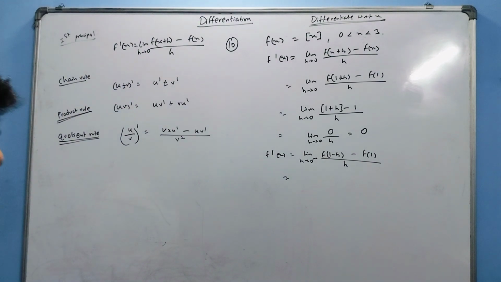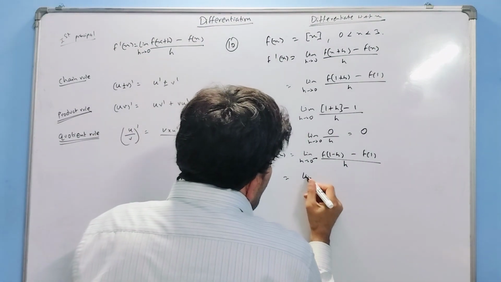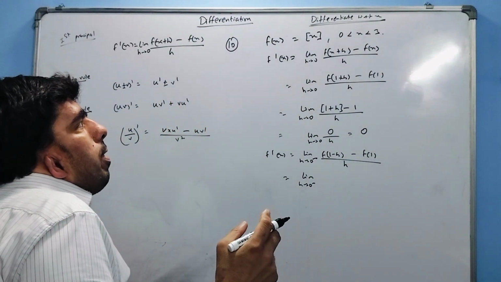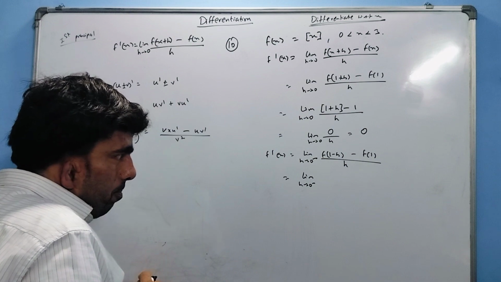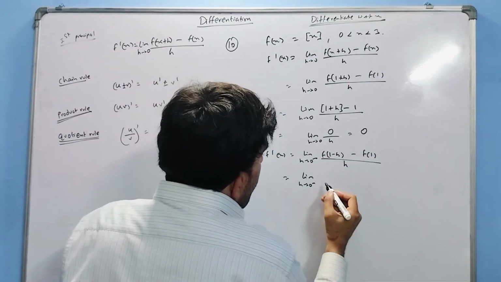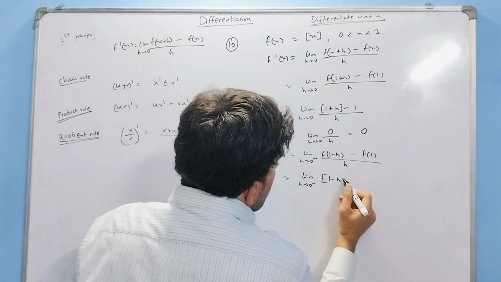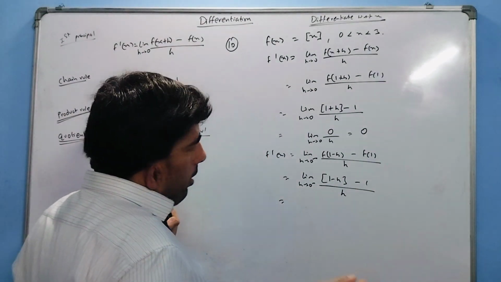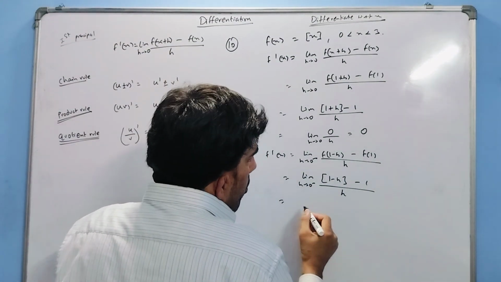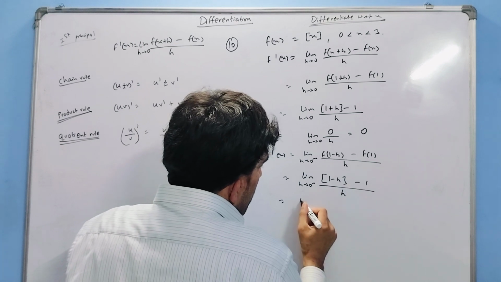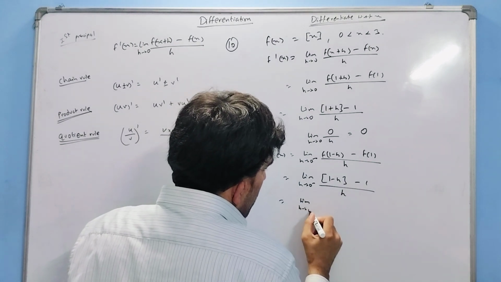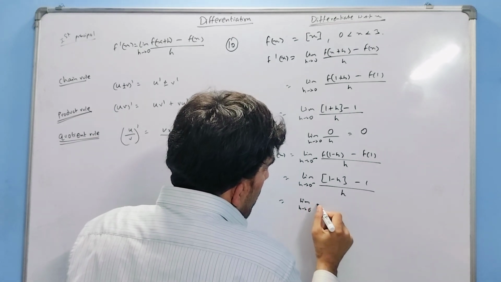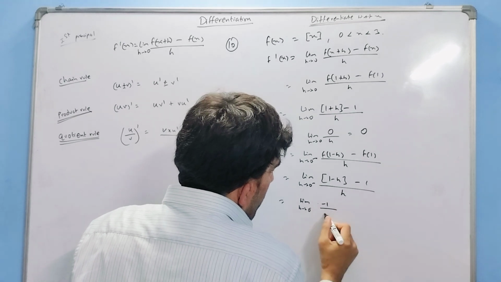Okay, so now what we have, limit h tends to 0 negative of f of 1 minus h. So 1 minus h, if I put here, that is [1 minus h] minus [1] upon h. Now 1 minus h will be less than 1, consider it 0. So 0 minus 1, it will be minus 1 upon h.